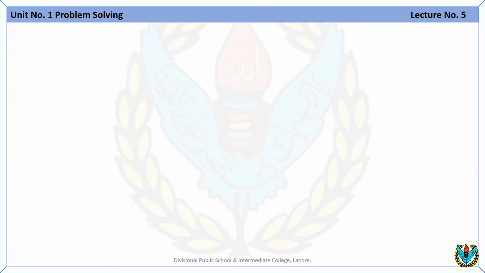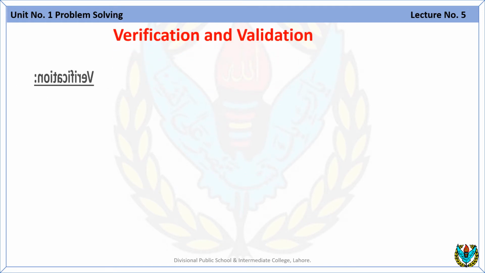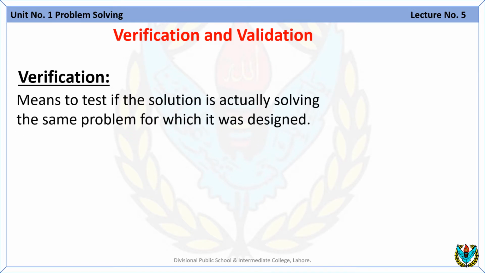Students, it is very necessary that we check the test data regarding its validation and verification. So our next topic is related to verification and validation. Verification means to test if the solution is actually solving the same problem for which it was designed.